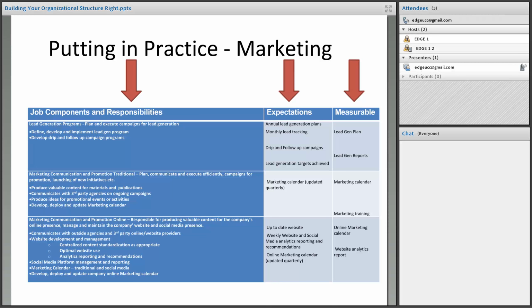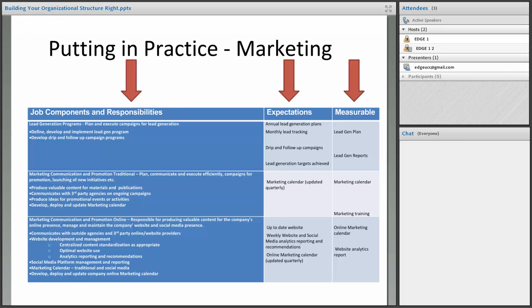Then below that, I've outlined the main activities that I want this particular role to be responsible for. So I want them to define, develop, and implement lead gen programs, and define drip and follow-up campaign programs. That's what I want them to do.